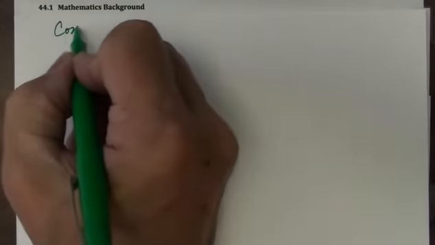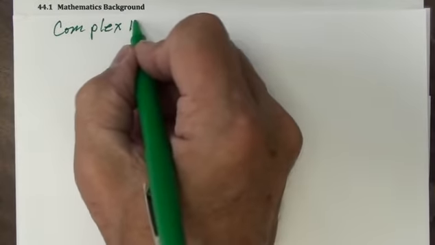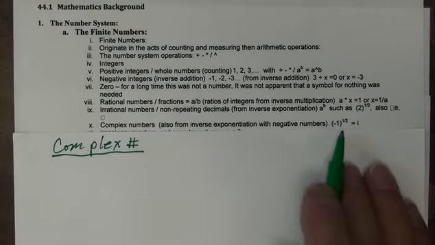Complex numbers also arise from completing an operation, and the operation that we complete there is where we have a negative number to some power. Let me show you how that arises.